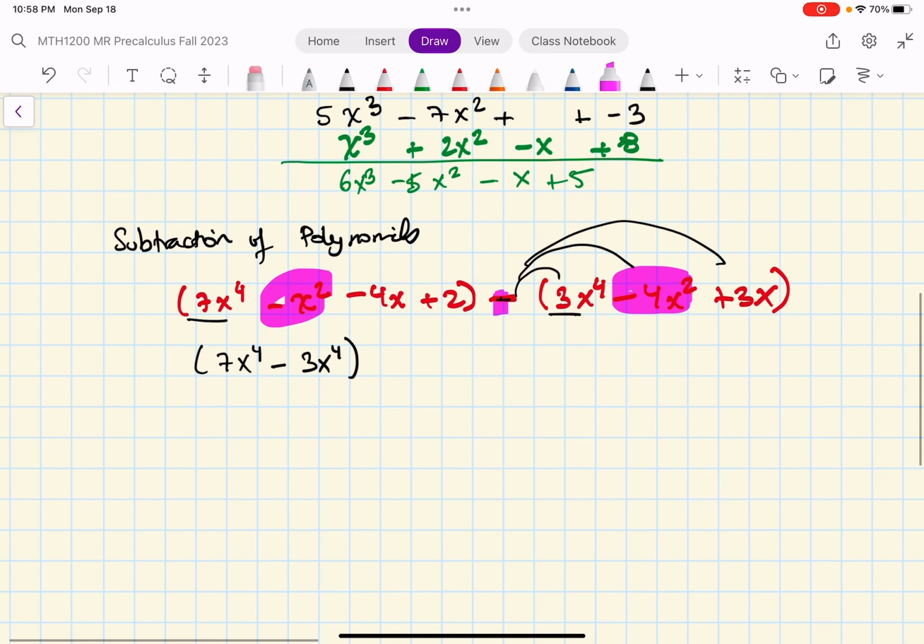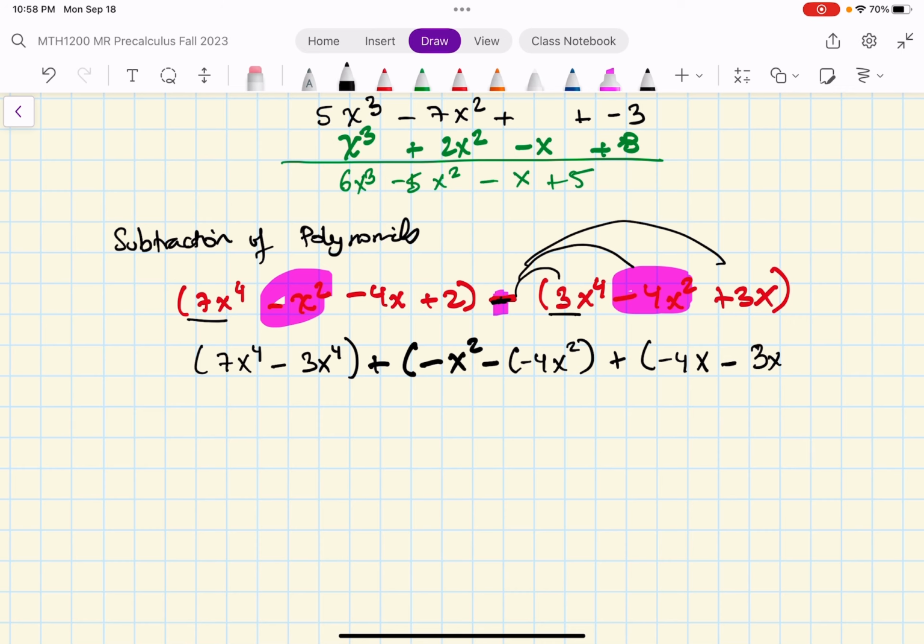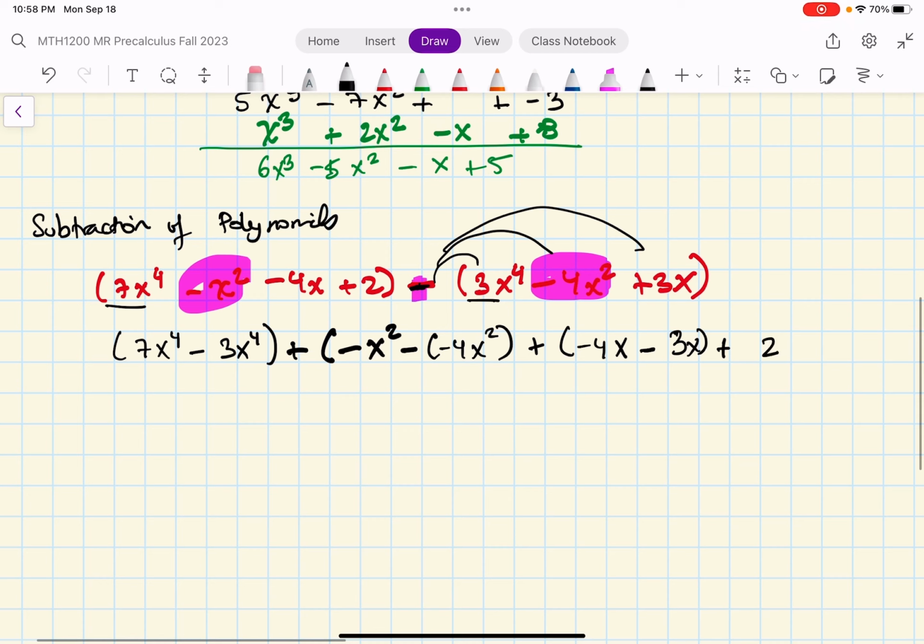So I'm going to write plus negative x squared, minus, this is the minus sign from right here, minus negative 4x squared, plus negative 4x minus 3x, and then plus just 2, because the second polynomial doesn't have any integers.